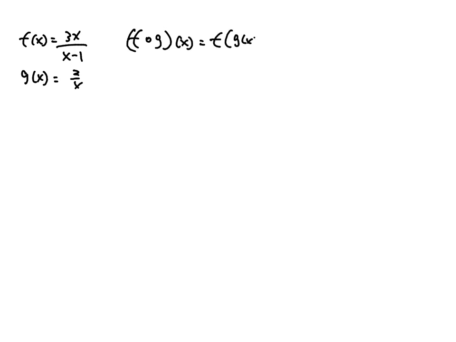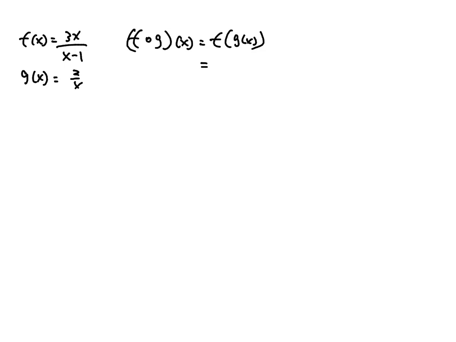Alright, part C. Part C, our f of x is 3x over x minus 1. G of x is 2 over x. So if we were to do f circle g, it's going to be f of g of x.